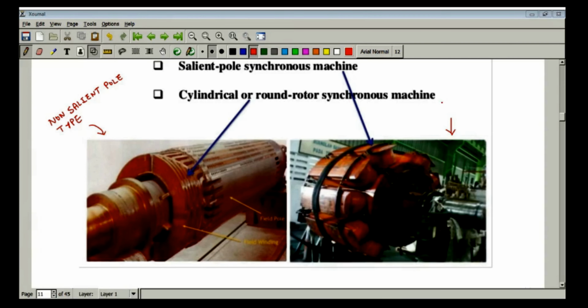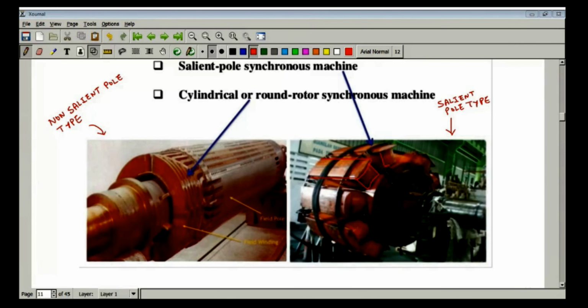This thing is your salient pole type synchronous machine. So you can see these structures are actually sticking out or protruding out. These things are your salient pole structure.